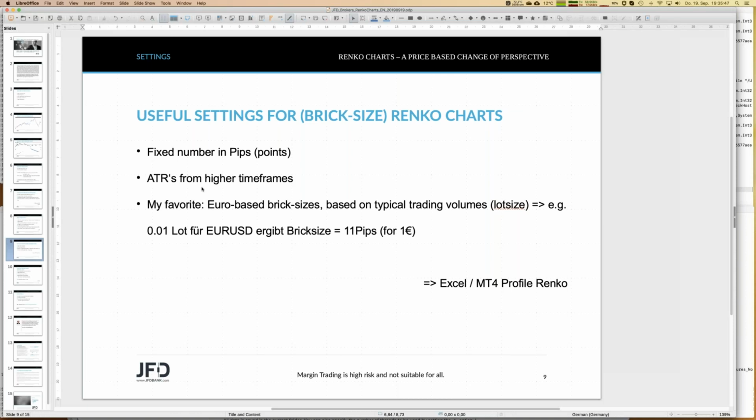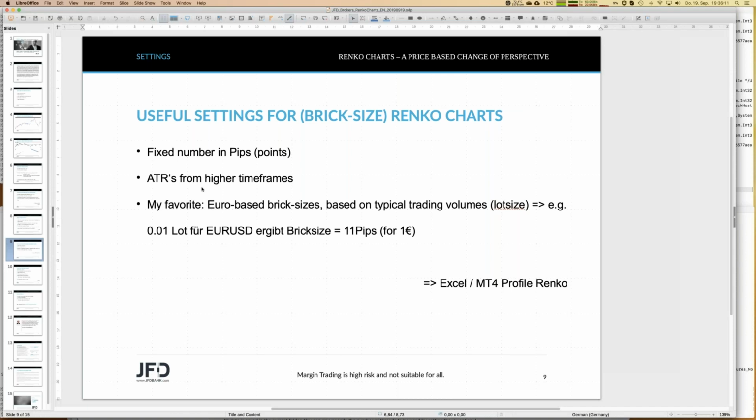Other people do something different. They use an ATR from a higher time frame. Let's even go for a D1 time frame. Let's look for the ATR. And maybe the ATR on that time frame is, I don't know, 30 pips. And then we say, okay, we always go for 1/10 of the daily ATR.